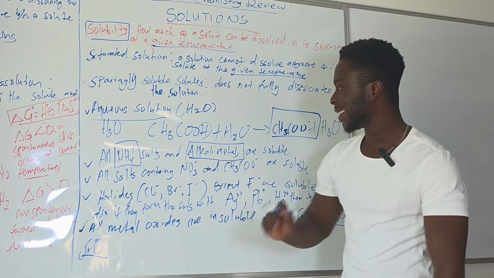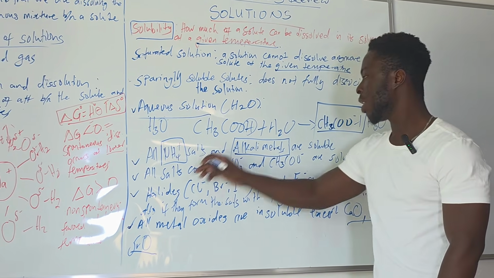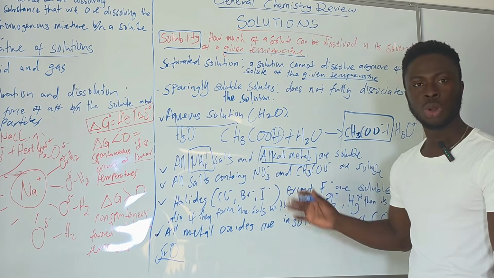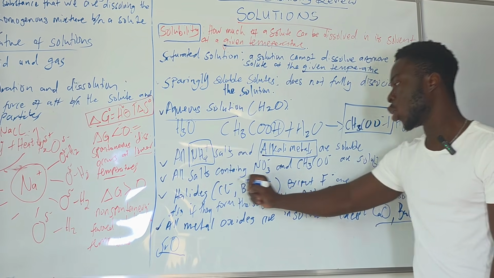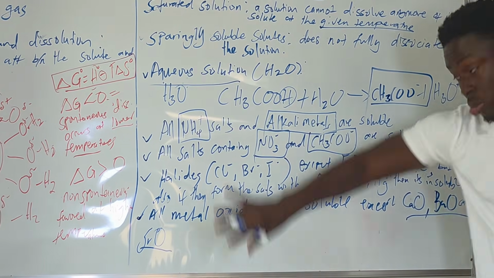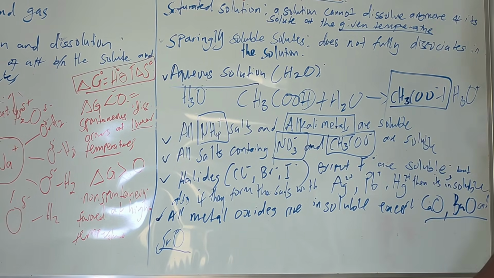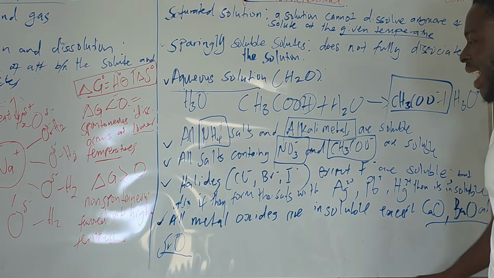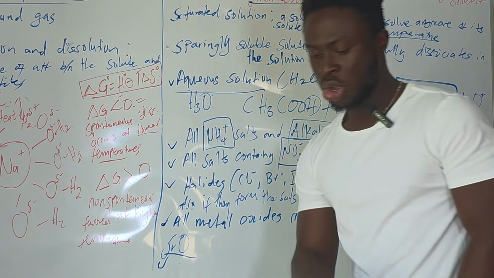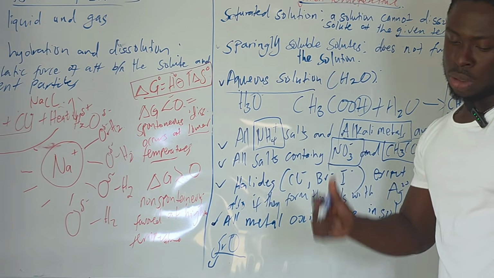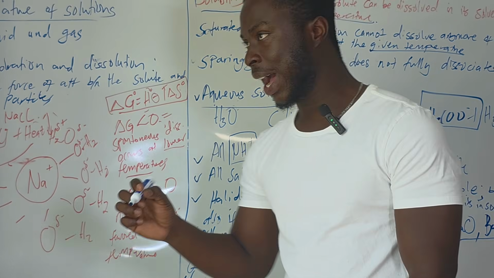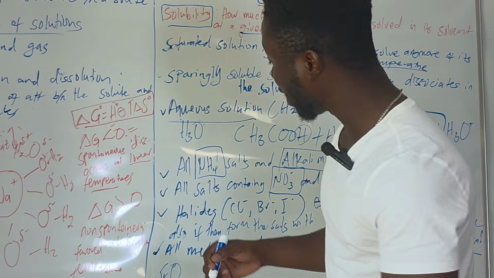One thing you should keep in mind is that these alkali metals, whoever they form their bonds with, are always soluble. And the salts containing nitrates and acetate are also always soluble. The new ones come in when we bring in the halides, the metal oxides, and also hydroxides. All hydroxides are insoluble.